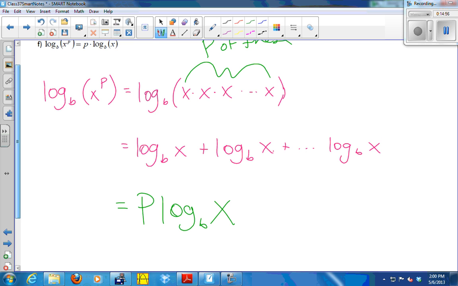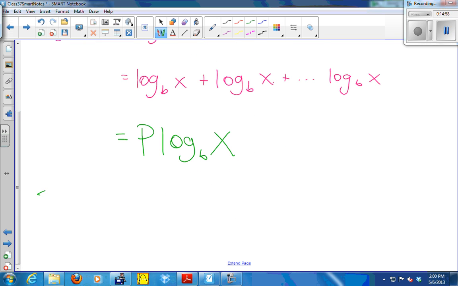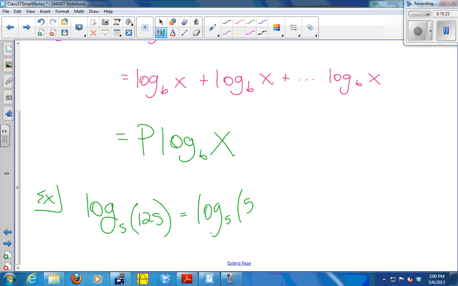Let's do a quick example to show you that it's true. I want to do log base 5 of 125. Well, that's the same thing as log base 5 of 5 cubed.